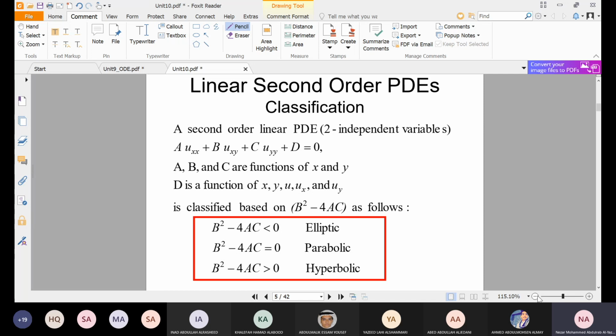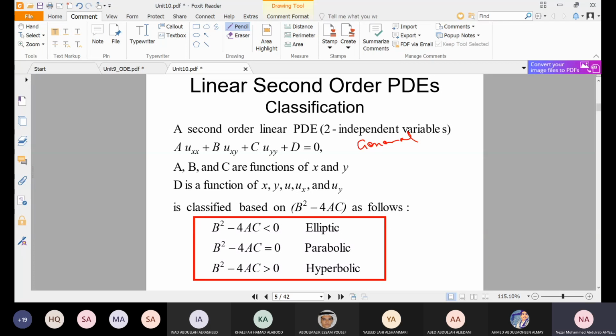This is the standard form of the linear second order partial differential equation, with a multiplied by the second derivative of u with respect to x, plus b multiplied by the mixed second derivative with respect to x and y, plus c multiplied by the second derivative with respect to y, plus d, equal to 0.